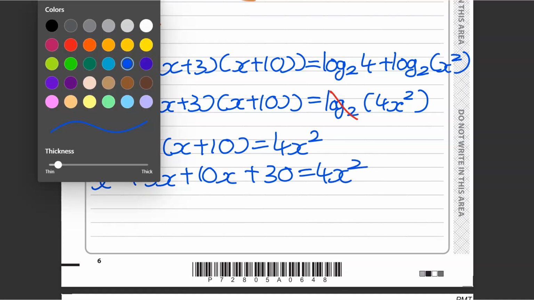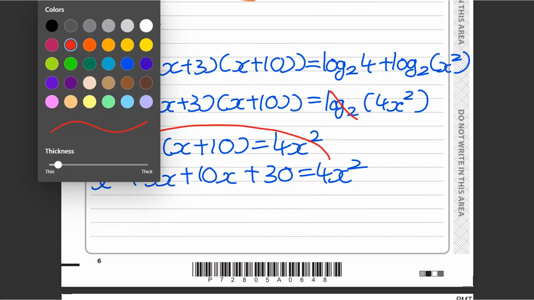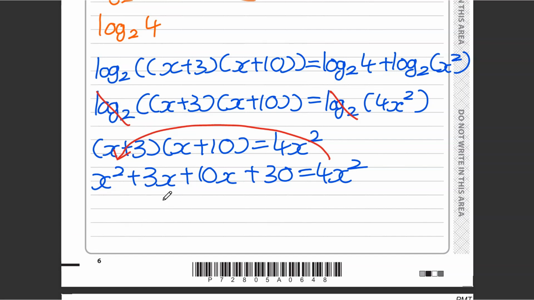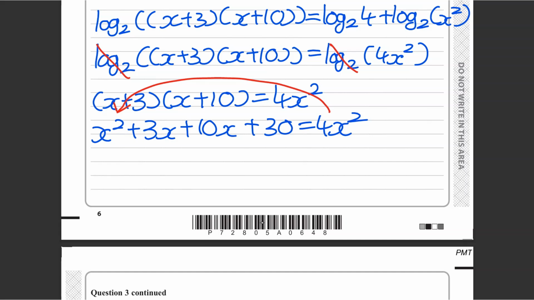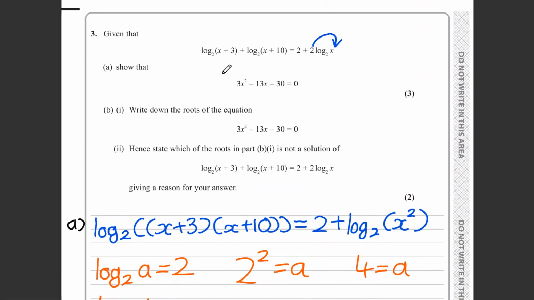If we bring this 4x squared onto this side of the equation, it's going to become x squared minus 4x squared, which is minus 3x squared. We have 3x plus 10x, which is equal to 13x, and then plus 30, and this is equal to 0.